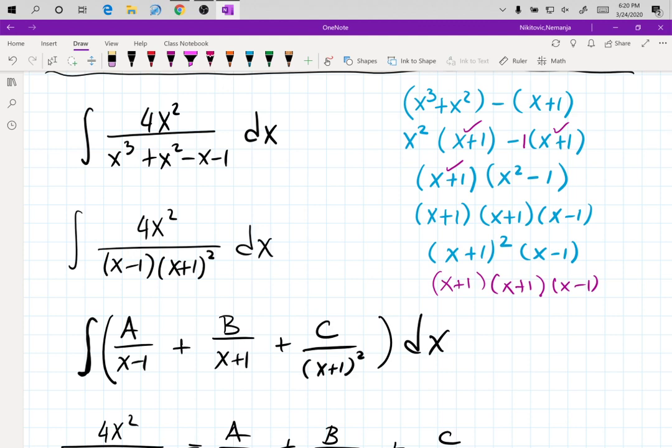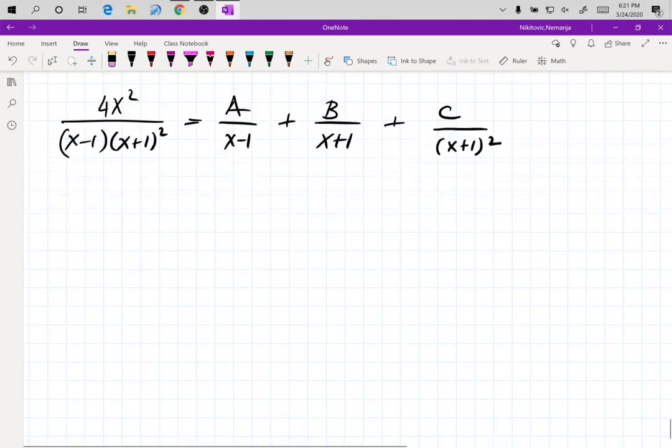And the answer is yes, it would be wrong because the setup is calling for repeated linears to have a different setup. That's why row 2 exists in the formula sheet. So we do have to go with the square and put these guys together.